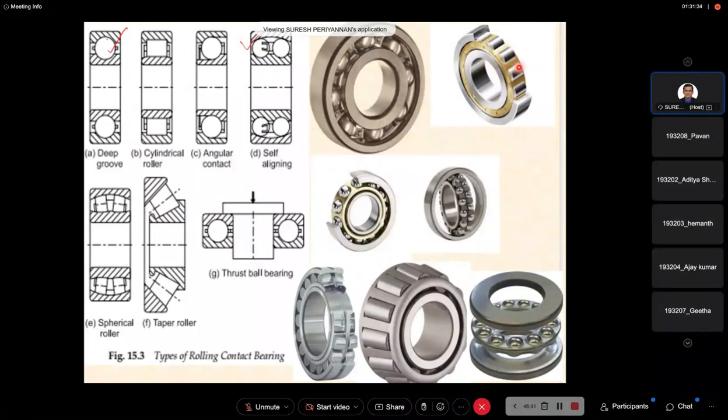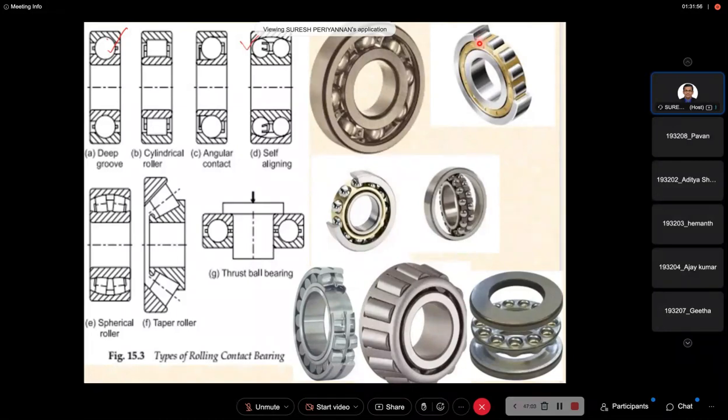Now, what are the advantages of this roller bearing? The contact between the rollers and the races is a line contact.